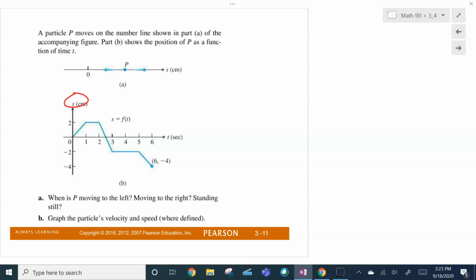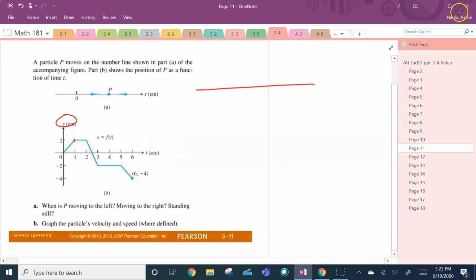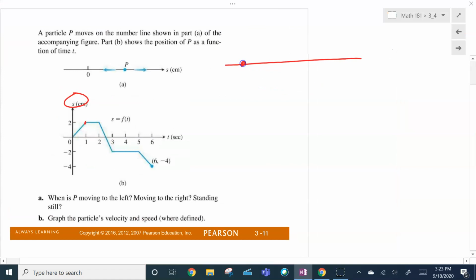So this is saying we started here. After 1 second, we're 2 centimeters away. At the second, so this whole time, notice it stayed. It's still 2 centimeters away.